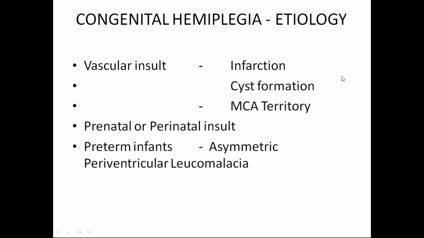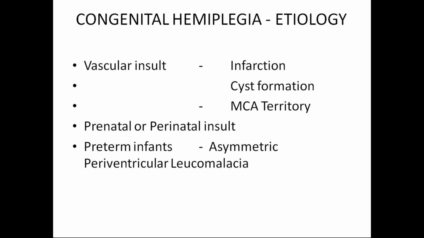Coming to the congenital hemiplegia, this is of some pediatric importance. There can be vascular insult from birth or during the parturition, I mean, during the process of birth, or there can be infarct, and there can be cyst formation. There can be arachnoidosis and fuses can be present.